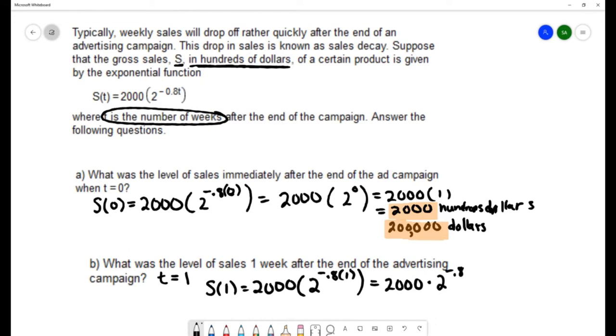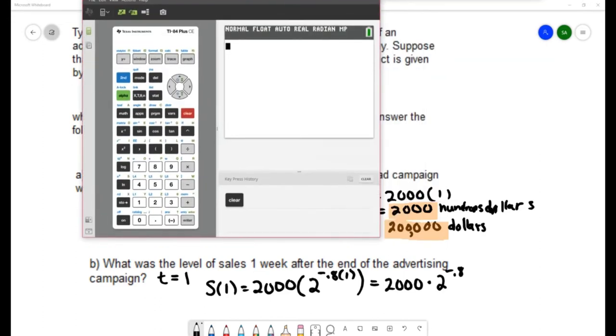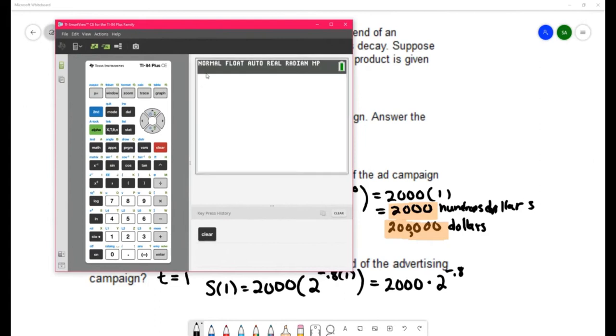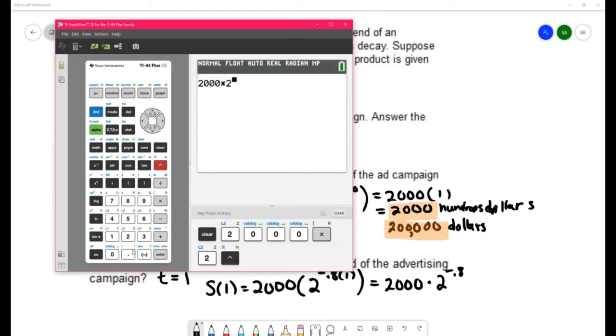We're going to use a calculator to work this out. So in my calculator, I'm going to type 2,000 times 2 to the negative 0.8 power, and we get 1,148.